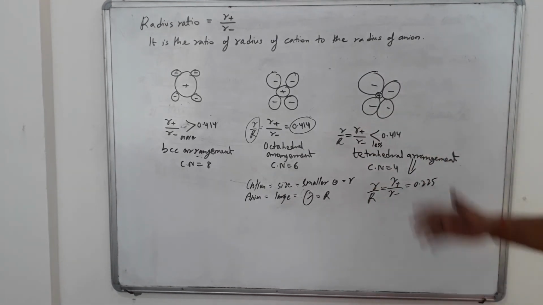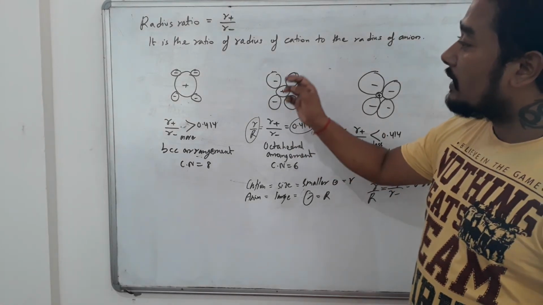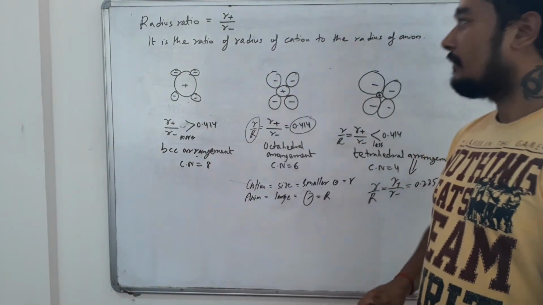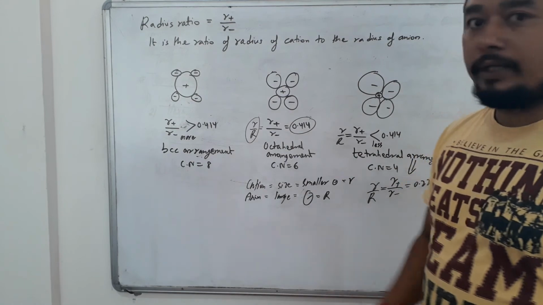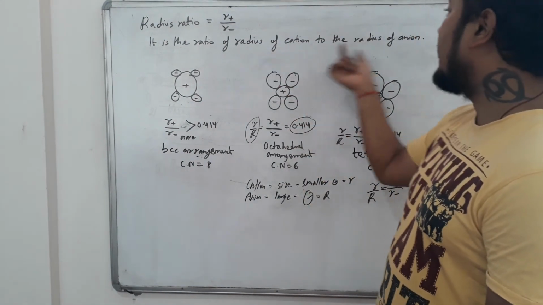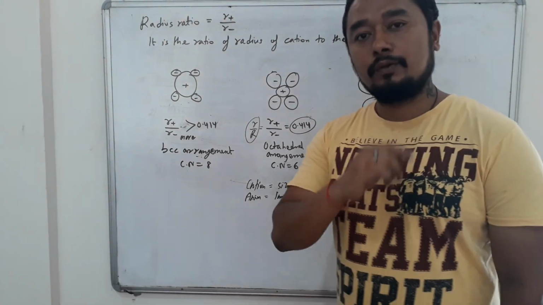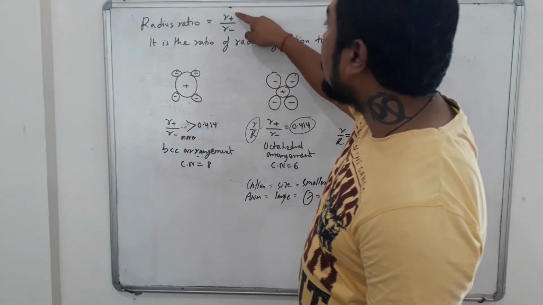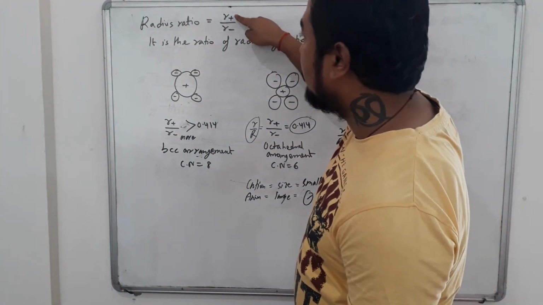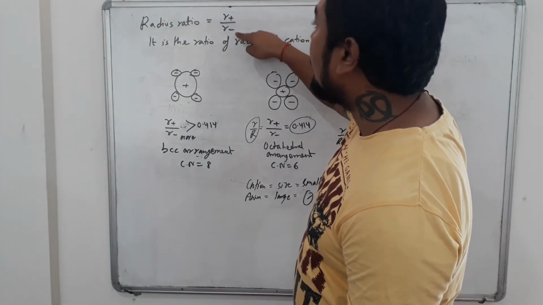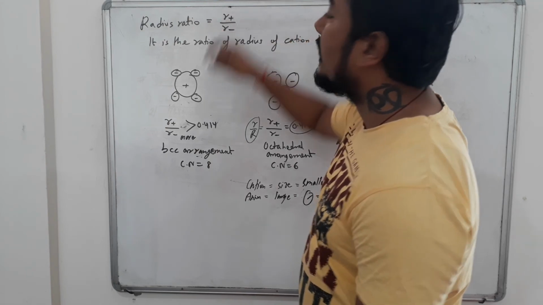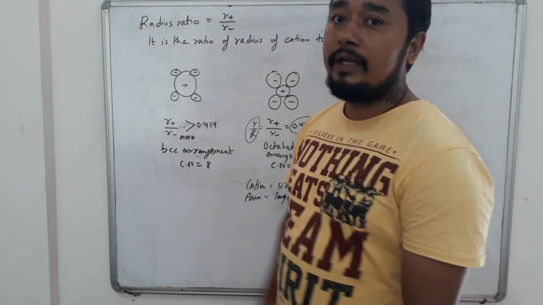Now let us see what kind of sum may come from here. In the numerical problem, students, of this kind, radius of cation and radius of anion will be given to you. So you put the value of radius of cation up, radius of anion down, and you divide it. You get the value of radius ratio.